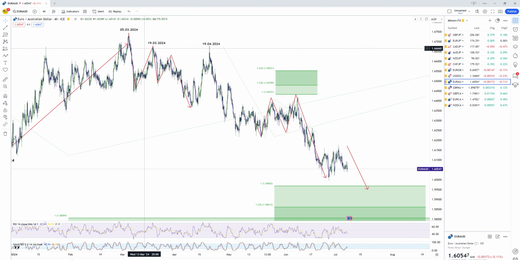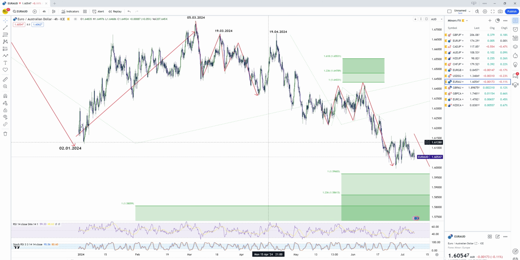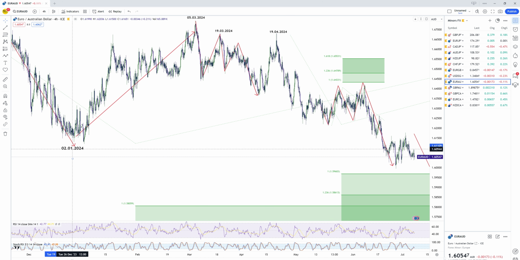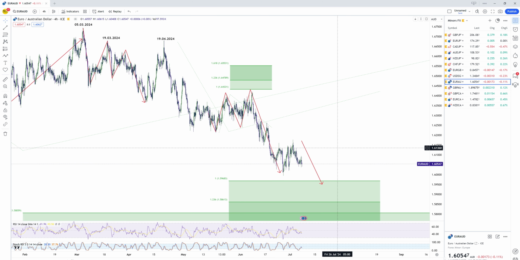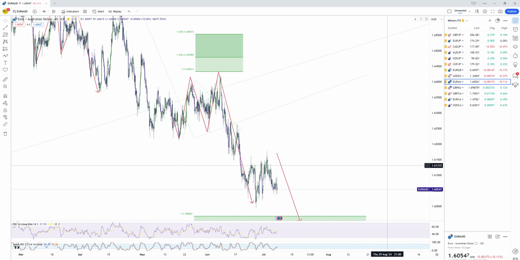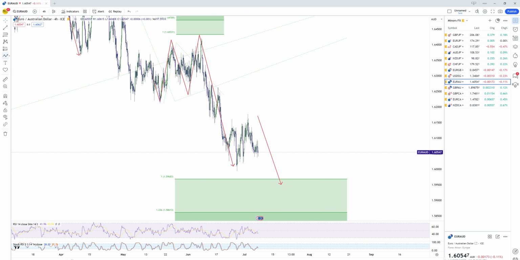From these highs, and this bounce over here, those were the sell trades in this market. We have a new low below the lows from 2nd of January over here. And soon we will enter a stage where we can expect some reaction, but we are not there yet. We can overall see more downside.